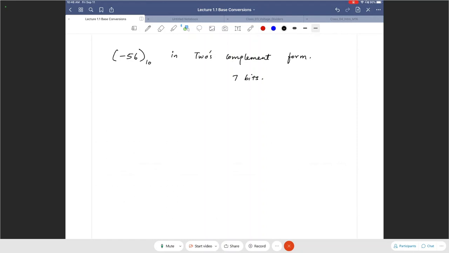The first step is going to be for me to place 7 positions. Let me do the shortcut. Yes, a shortcut. 1, 2, 3, 4, 5, 6, 7. Yes, I've got 7 places here.